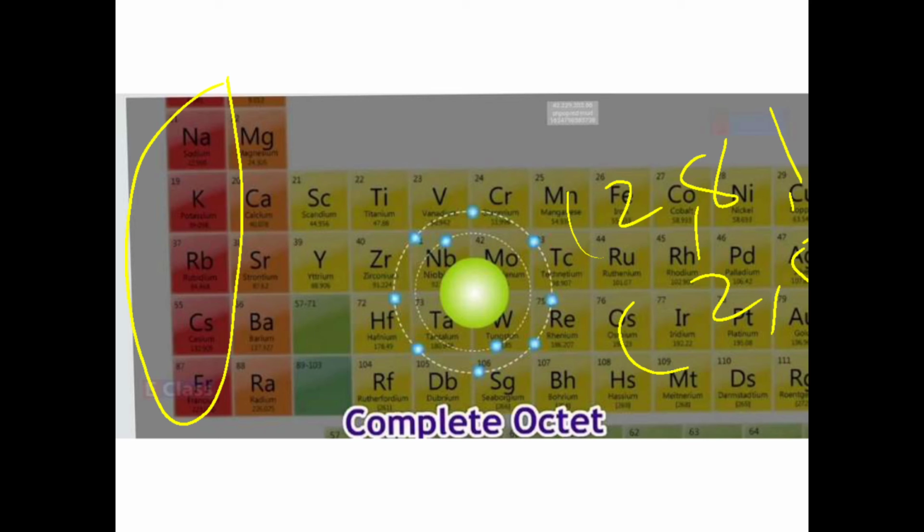What happens is the shell gets added, which results in an increase in the distance between the nucleus and the outermost orbit, that is the valence electron. Now what is the result of it?